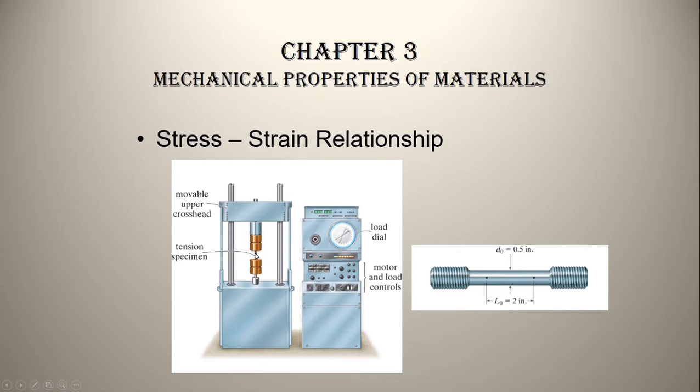And once you have the specimen in position and you know that your initial length is marked, initial diameter is known, now by making use of this hydraulic head, you can apply a tensile or a compressive load. So for tensile load, this end is fixed and this end starts to move up. So you're applying a load P on this specimen.